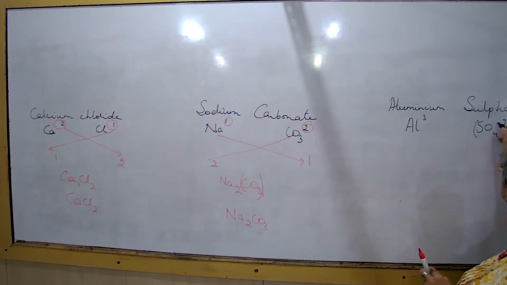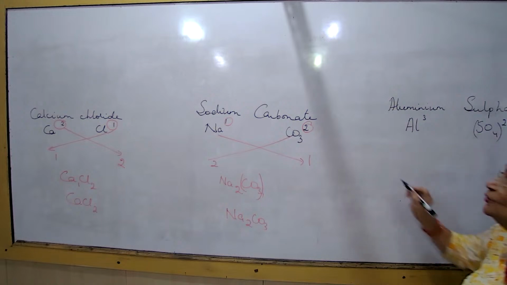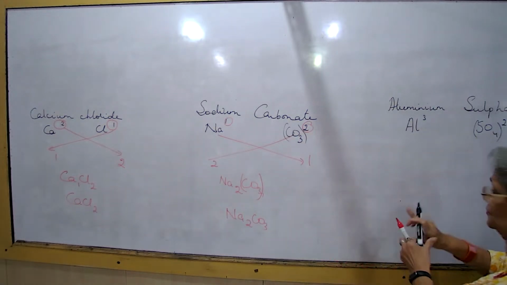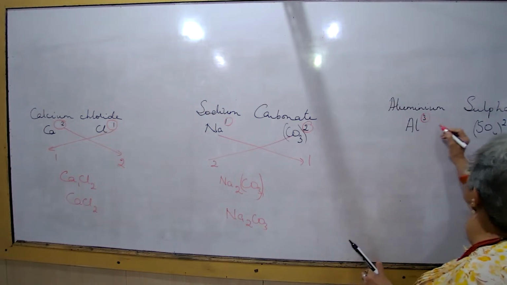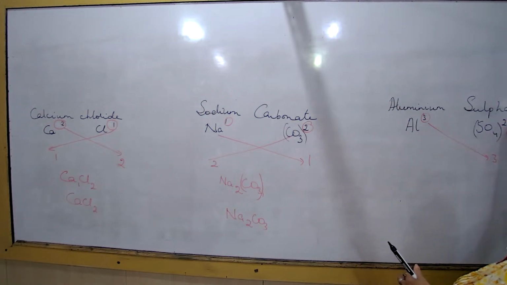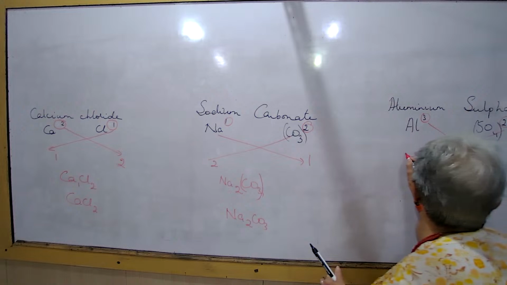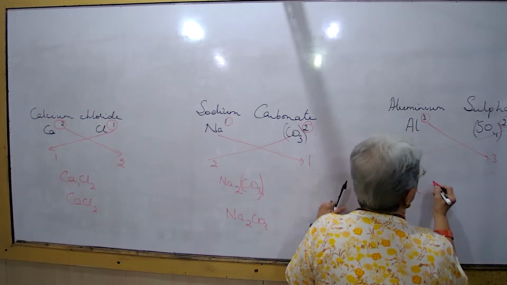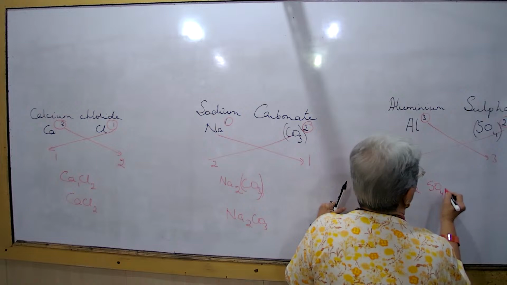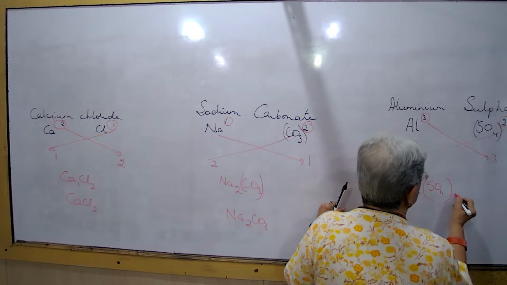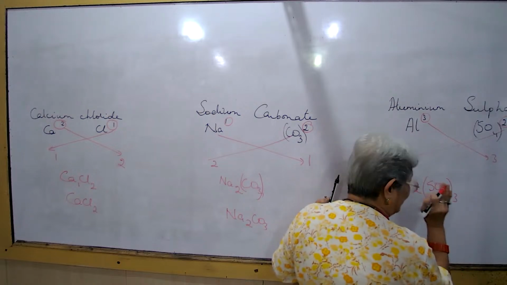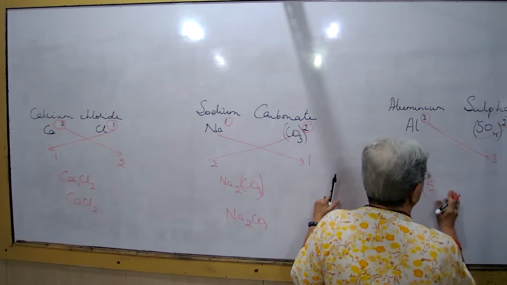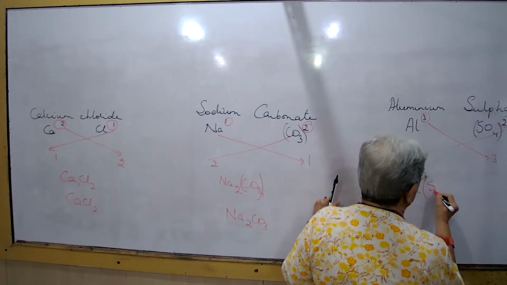Actually, this whole thing is 2. So what do we do now? This will come here, 3. This will come here, it will be 2. So it will be Al2, SO4 whole bracket thrice. It's supposed to be S3O12.